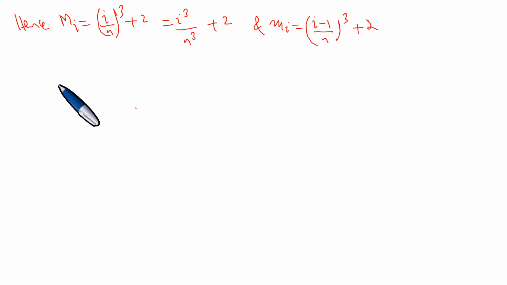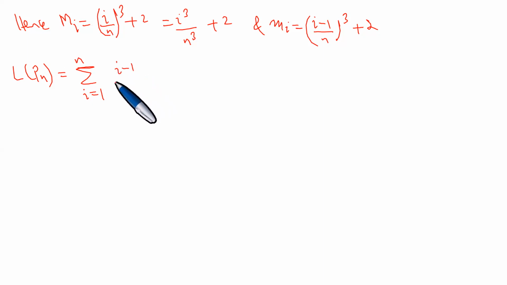Right, so we then need to use the formulas for the U_P_N and L_P_N. The lower Riemann sum always takes the infimum, the small m.